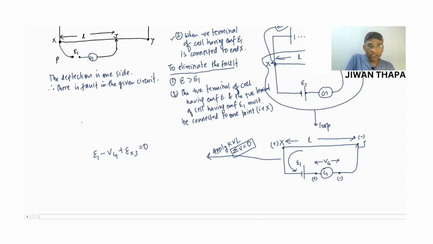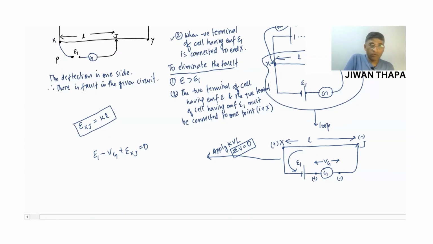And what is E Xj? So this is drop in potential across the length Xj. And from the principle of potentiometer, drop in potential, that is E Xj equals K times length.